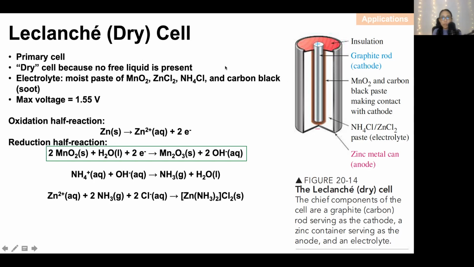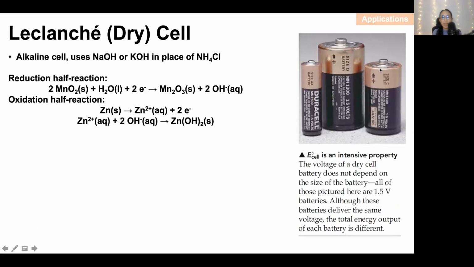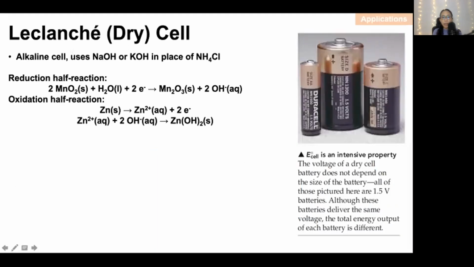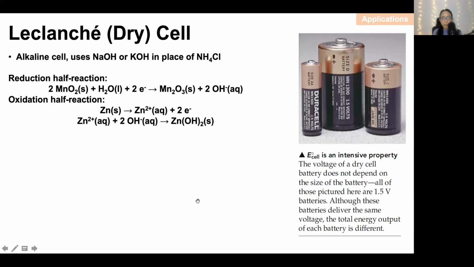So to solve this, they came up with what is called the alkaline cell. And we typically see these. So these are the common batteries that we use. So the alkaline cell uses a base instead of ammonium chloride in the paste or the electrolyte medium. So you have either sodium hydroxide or potassium hydroxide. You have the same reduction half reaction, and then you see there the same oxidation half reaction.